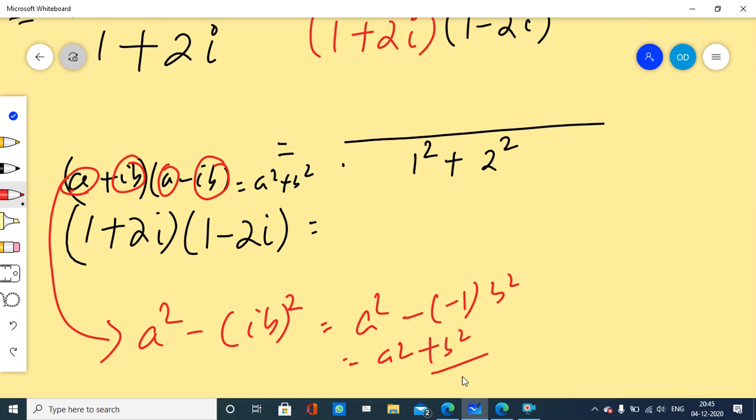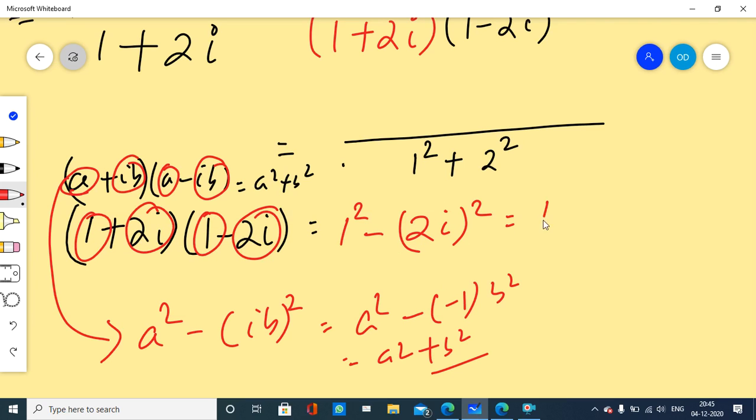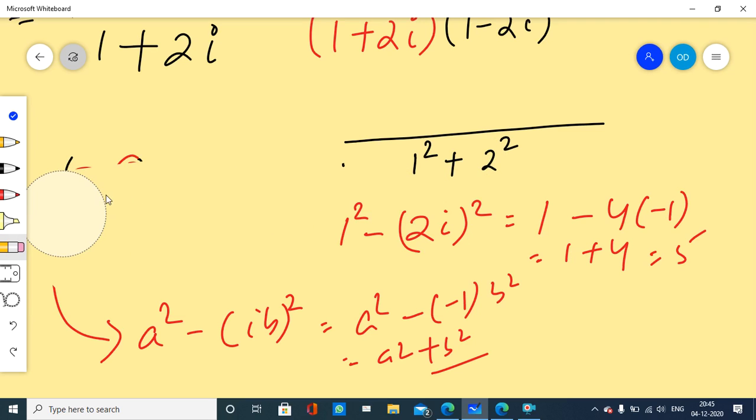Applying this logic here, consider this x, consider this y: x plus y into x minus y is x square minus y square. So 1 square minus 2i square. 1 square is 1, minus 2 square is 4, i square is minus 1, so 1 plus 4 is 5. You can see 1 square plus 2 square is 5. So there are two ways to do it, and it's up to you whichever way you opt for. Get my point so far?